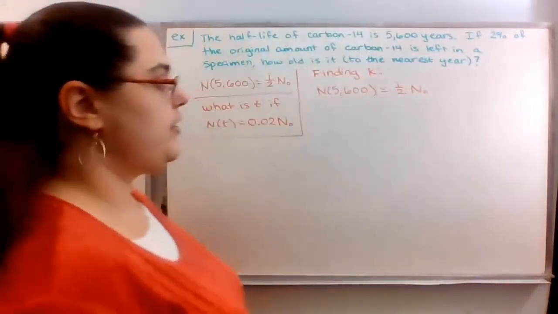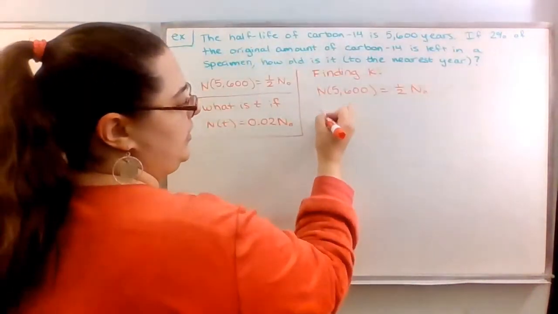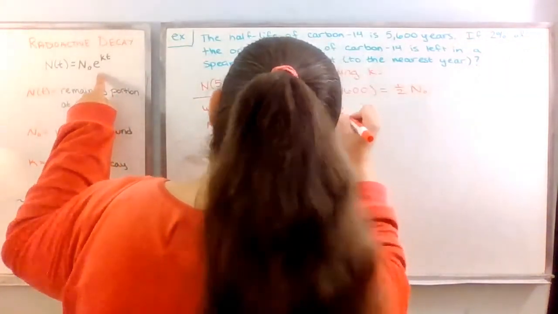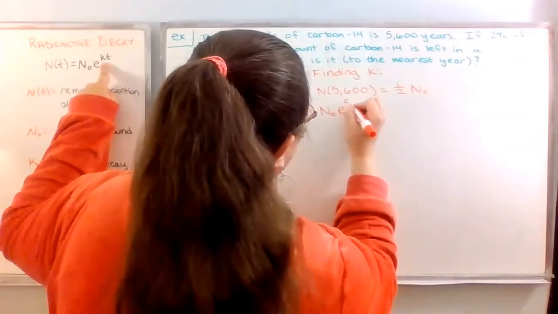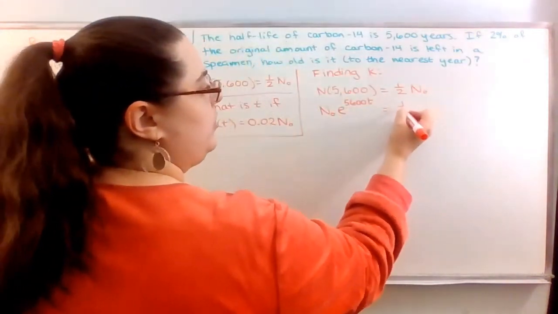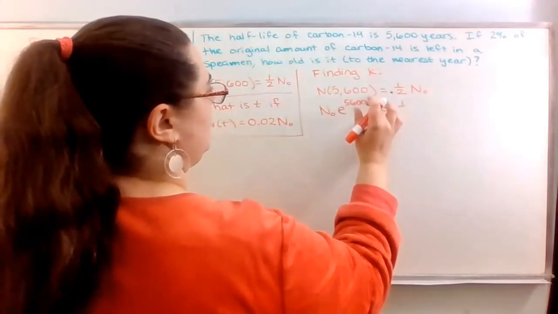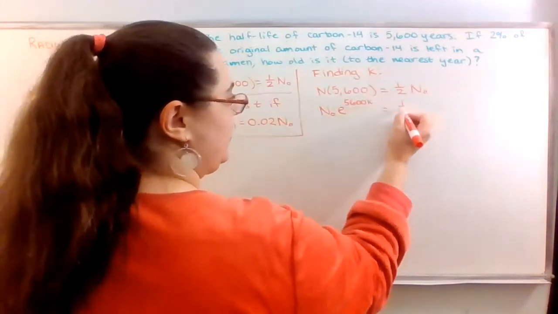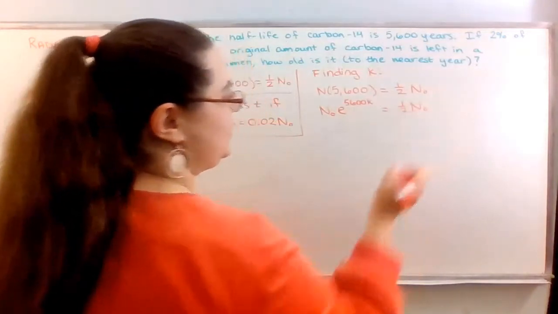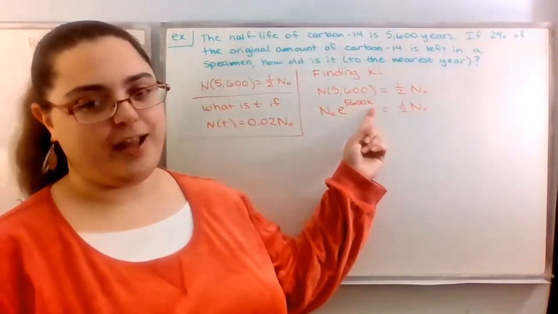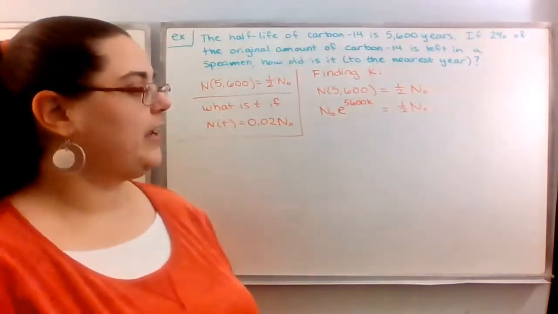So I could rewrite this left-hand side as N naught times e to the 5,600 K, and that's going to equal 1/2 N naught. So T is 5,600, but we don't know K, we don't know the decay rate.